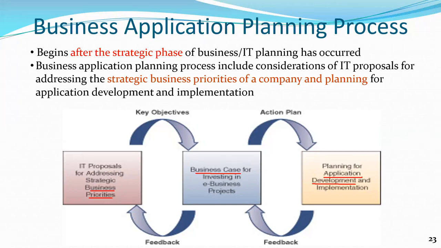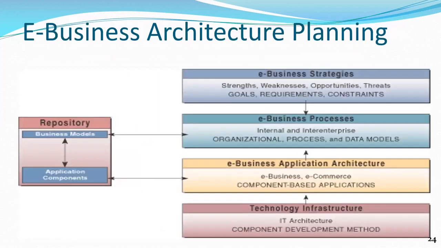And this is only an e-business architecture planning, not to go into detail, but just to have an idea. Here you can identify the business model and the application components which support the business model. This is the repository, in the sense of storage of information, and as you can see, e-business processes and business models are always linked.